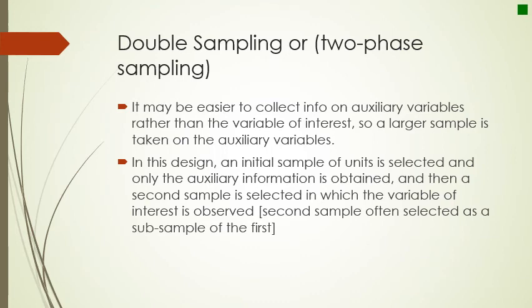And then when you find individuals or sites that meet the criteria that you are interested in, then you focus in and collect the other information that you're interested in. So you have an initial sample where only the auxiliary information is obtained, and then from that larger sample you select a second sample, in a sense, that has the characteristics that you're interested in.